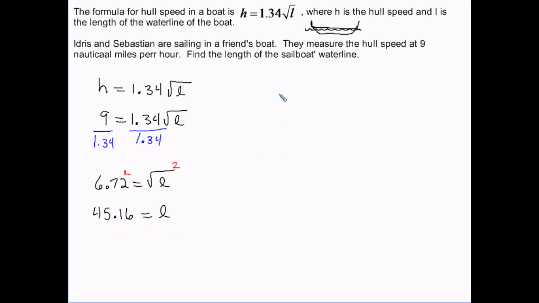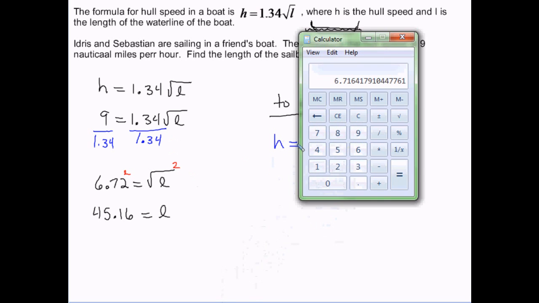Now, we want to check these to make sure we've done them right. We can plug that back in, and I can do that h is equal to 1.34 times the square root of 45.16. If I take the square root of 45.16, I get 6.72.